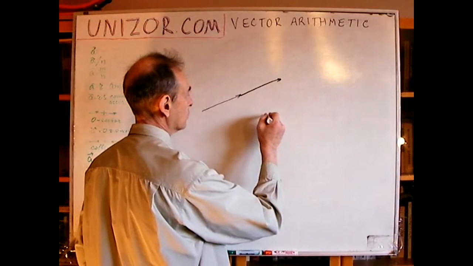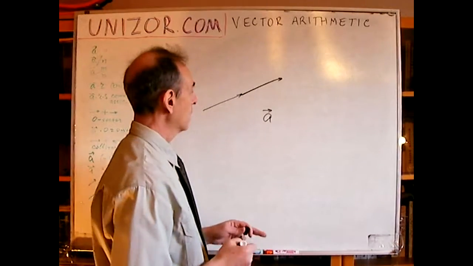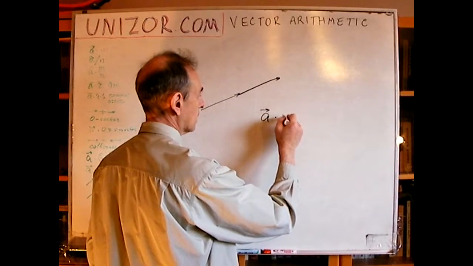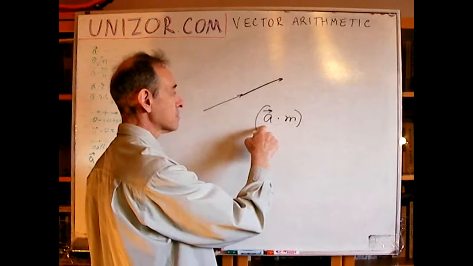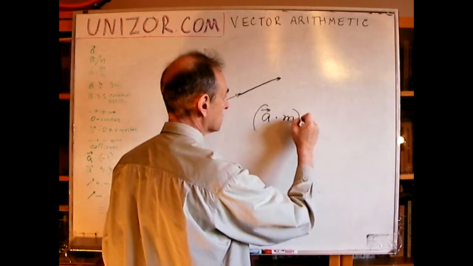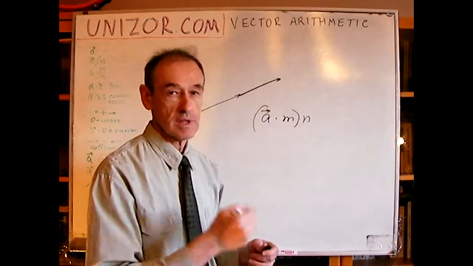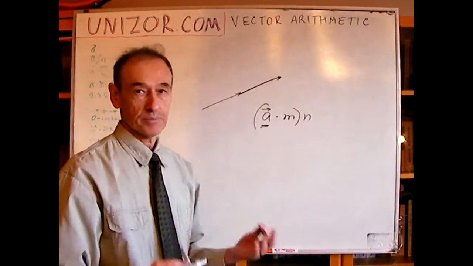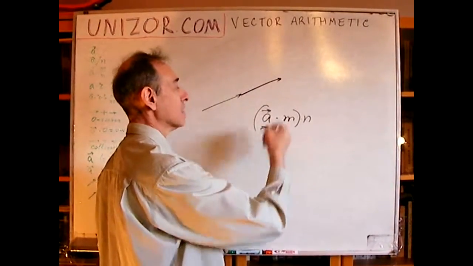So for instance, if you have a vector, I will use the lowercase letter a with an arrow on top, and you multiply it by number m, the result is m times longer than a originally was, and then I multiply the result by n, so it will be even n times more than that. What does it actually mean? It's the vector which has exactly the same direction as a, but its length will be multiplied by m and then multiplied by n.